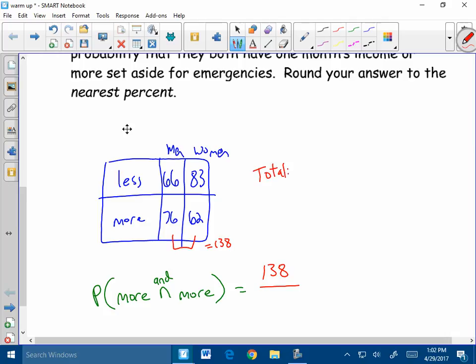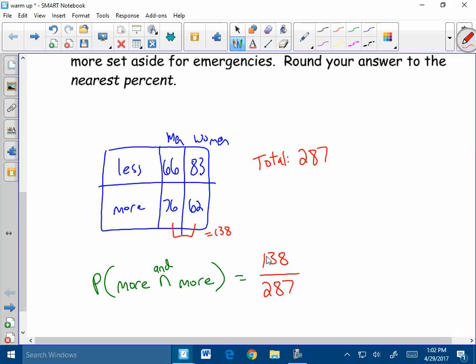So to get the total, I have to add the 66 plus the 83 plus the 76 plus the 62. If you add up all of those, you're going to get 287. So the probability that one worker picked at random has more than 1 month's income set aside is 138 out of 287.